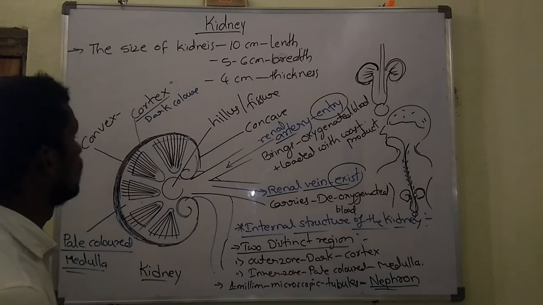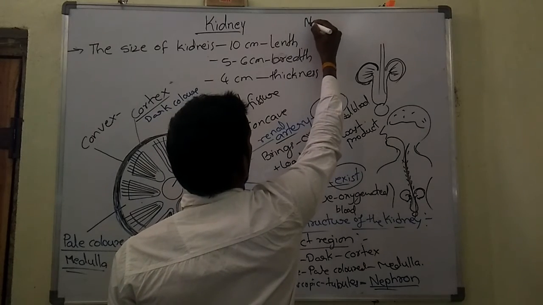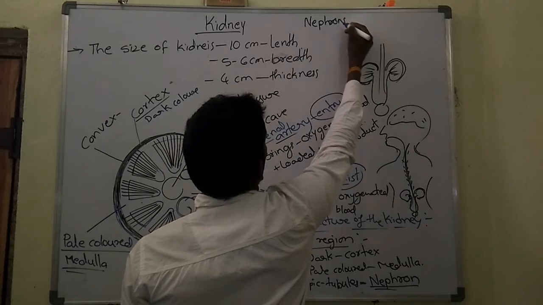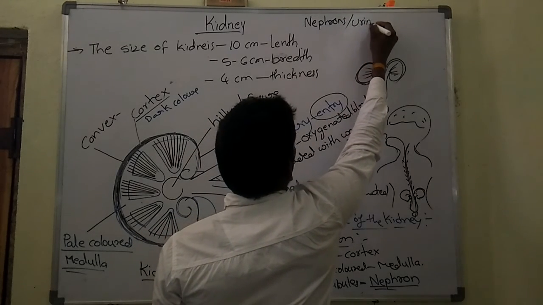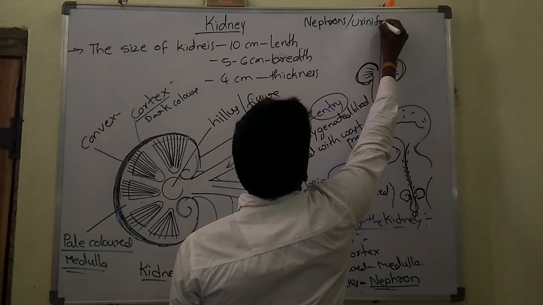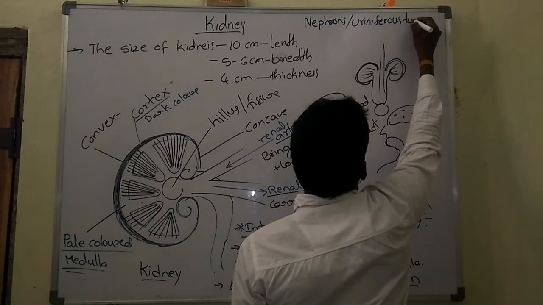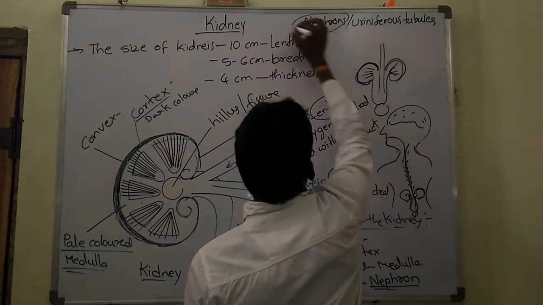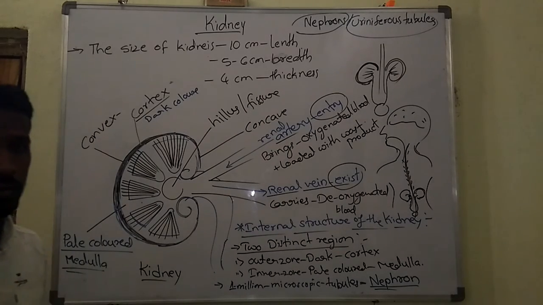Nephrons are uriniferous tubules, microscopic tubules.